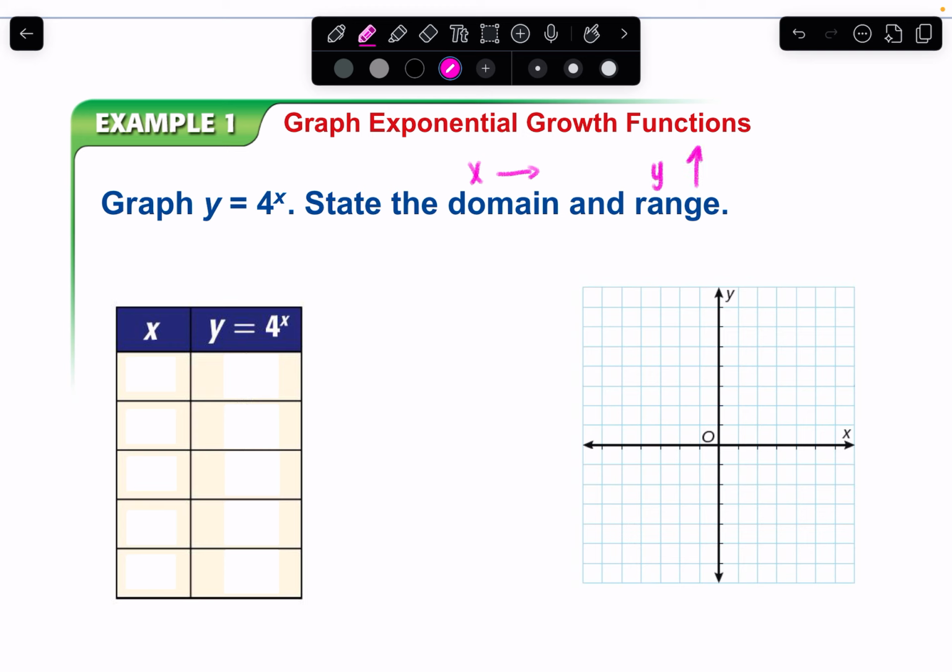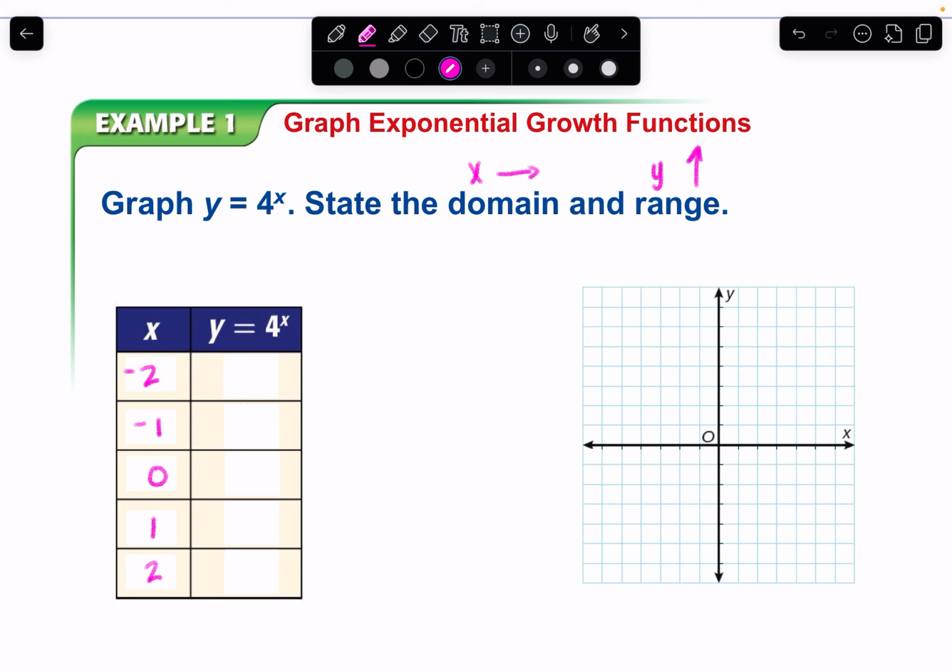For this question, you can pick other x values, but the x values that I would choose to plug in would be -2, -1, 0, 1, and 2. You could also go from -3 to 3, but I would make sure you have some negatives, a 0, and then some positives, so you see both sides of the graph.